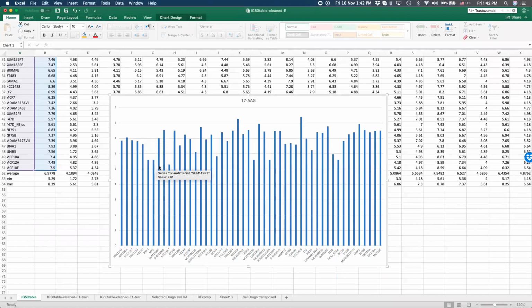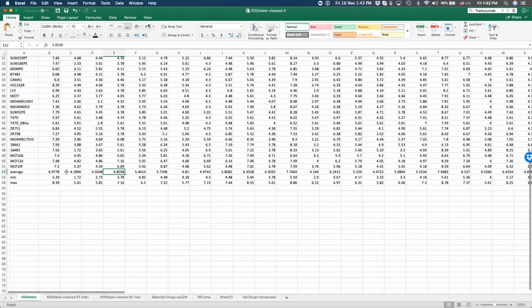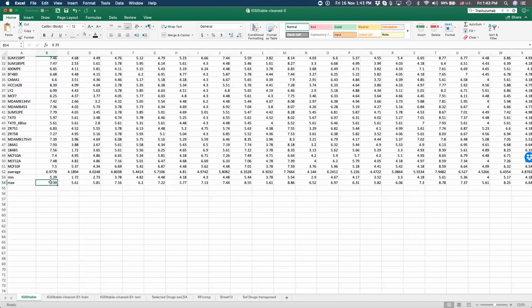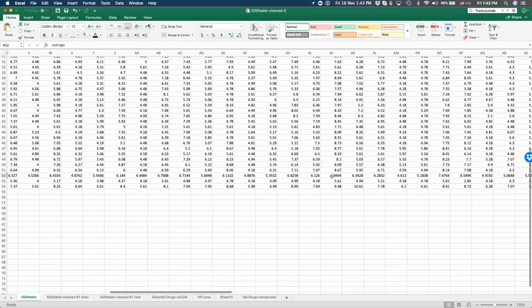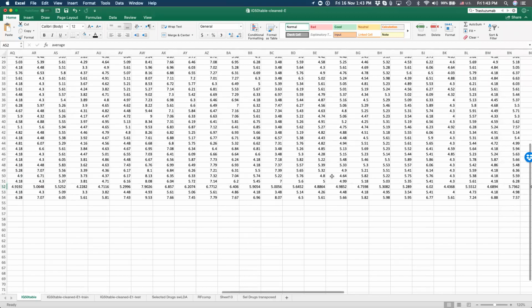The minimum value is where the drug is not effective, and the maximum value is where it is more effective. I can extract the minimum, average, whatever, just to try to understand my data set here.